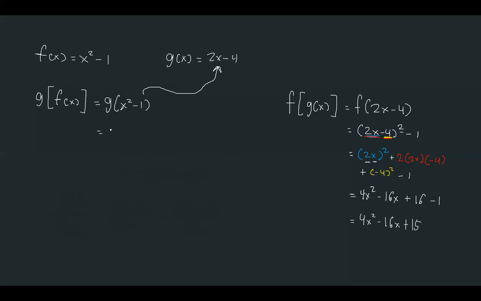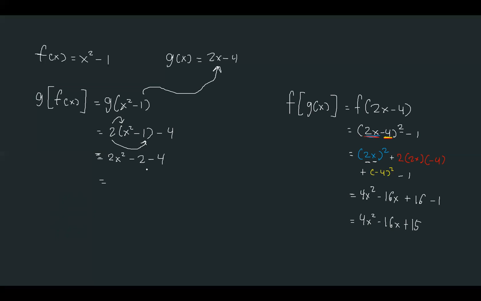So this is 2 times x squared minus 1, minus 4. We simply distribute 2 to x squared and negative 1. 2 times x squared is 2x squared. Then 2 times negative 1 is negative 2, so minus 4.